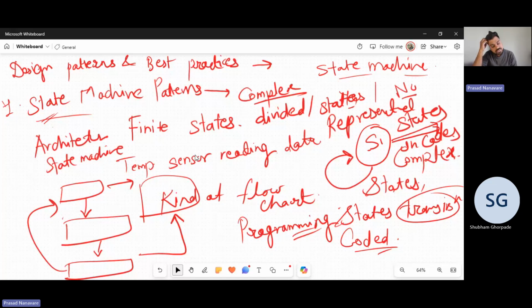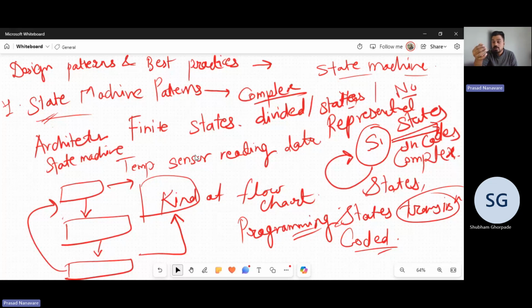In addition to that, a typical implementation uses an enum to represent the states, with a switch case or a function pointer approach for state transitions.